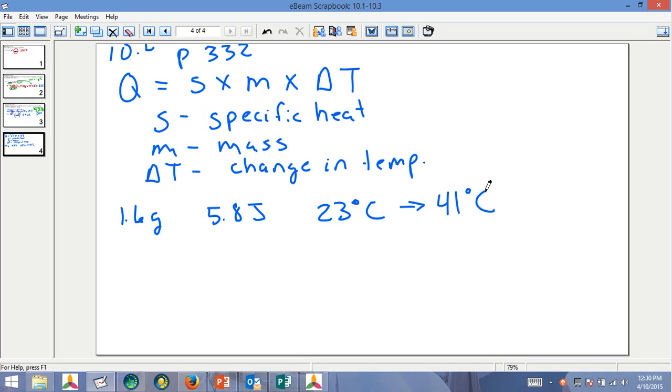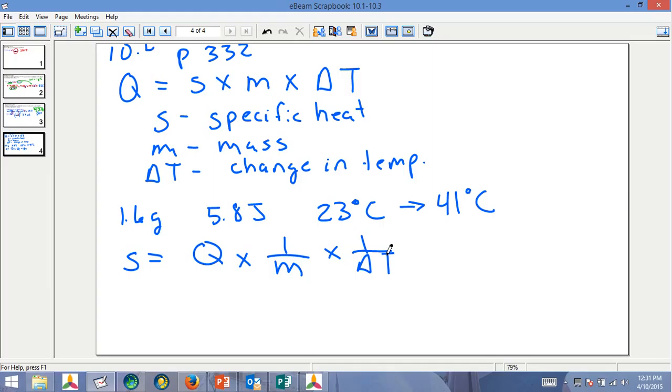Is the metal gold? Specific heat for each metal is specific to that metal. So what we're looking for here is the specific heat, so we're going to solve for S. S is going to equal Q times 1 over the mass times 1 over delta T. Does everybody follow that?